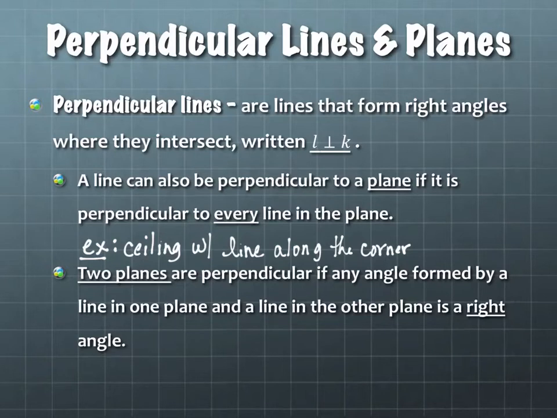And the reason it would is because it's going to be perpendicular to this wall. All right, so this is my line. It's going to be perpendicular to the ceiling along this wall, and it's going to be perpendicular to the ceiling along this wall. And you can imagine all the other lines that would emanate from there, it would also be perpendicular to them. It would form right angles.